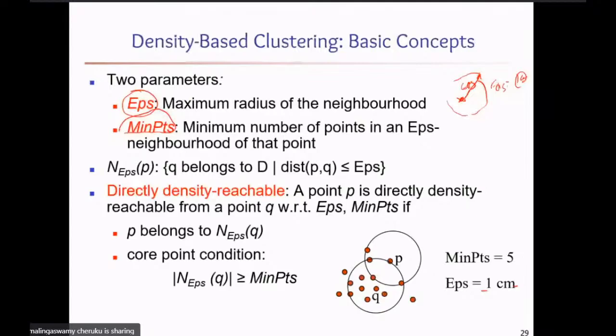When the minimum number of points is reduced to 3, it has created this many clusters. So it means that if you change this value, the number of clusters is also affected. Hence, you should cleverly choose this epsilon and minimum points. That's why it is called a hyperparameter. It's the duty of the programmer.